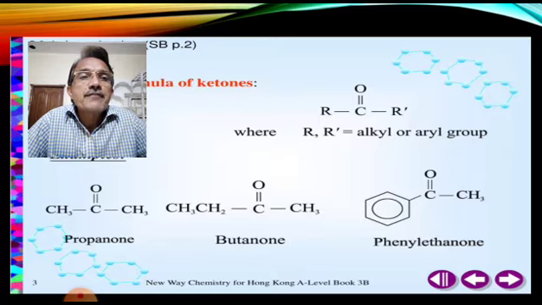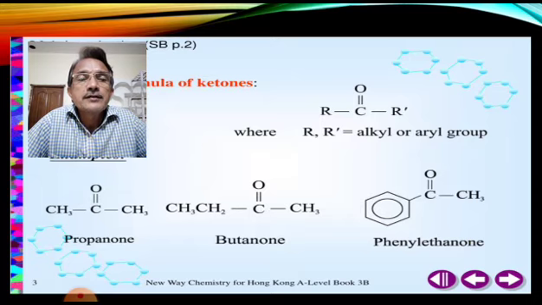So the fundamental difference between aldehydes and ketones is that in aldehydes at least one H atom is present, whereas in ketones no H atom is bonded with the CO group. That is the fundamental difference between aldehyde and ketone.